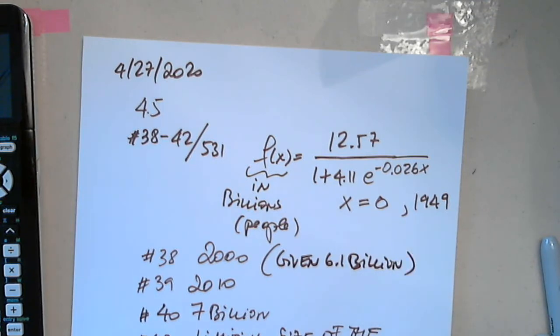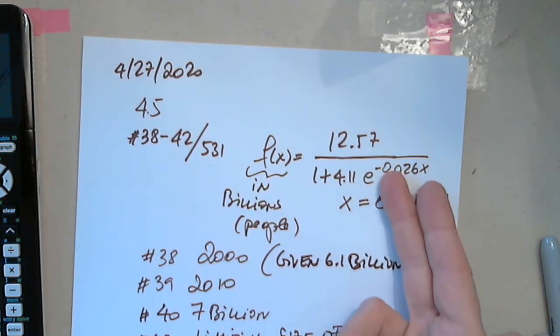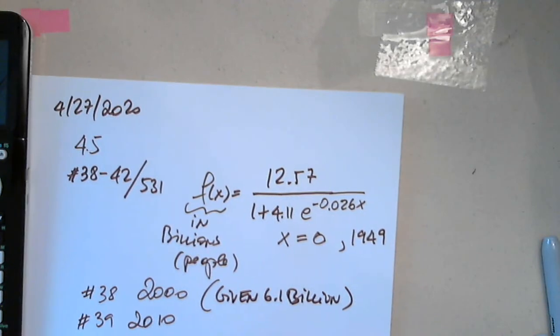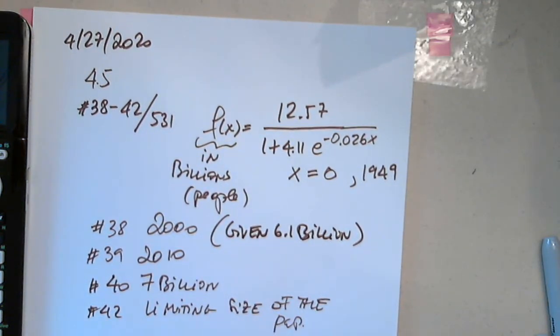What we would like to determine is how far from 6.1 billion will the answer be for the model. In other words, is the model okay for the year 2000? It may be okay for 2000, it may not be okay for 2010. It may be okay for 2015 and not for 2020. But we're asked specifically for 2000.